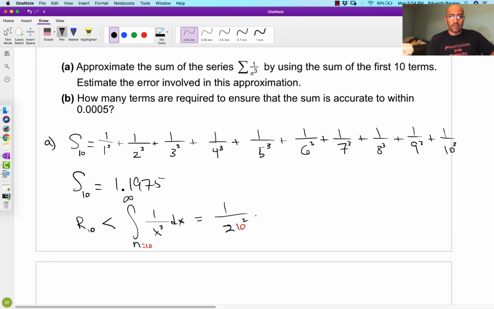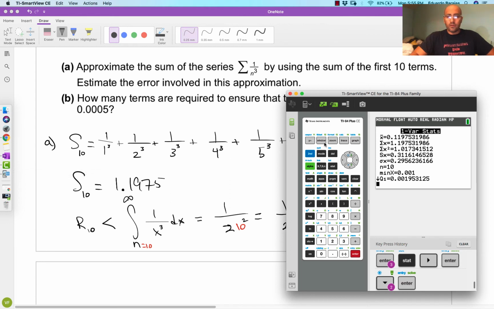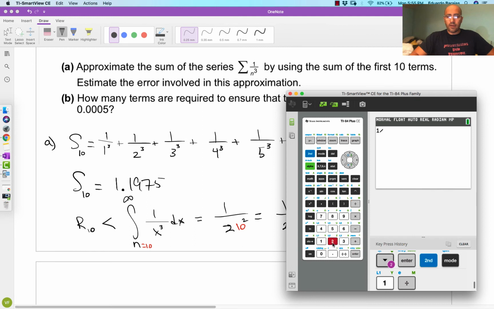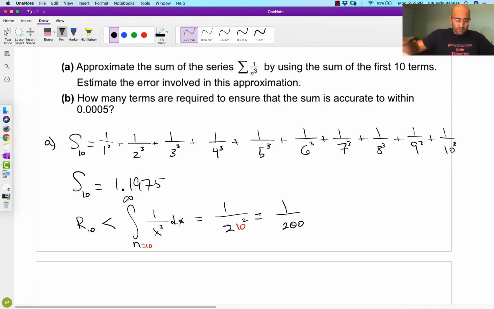So this is equal to 1 over 200, and 1 divided by 200 equals 0.005.